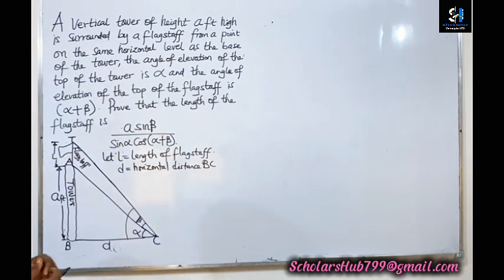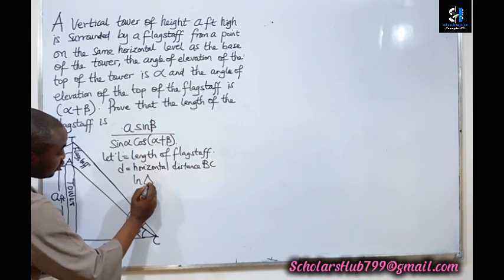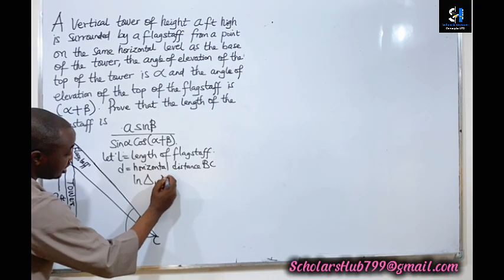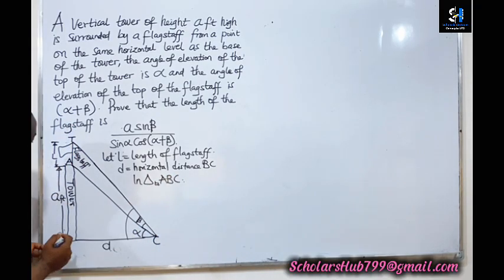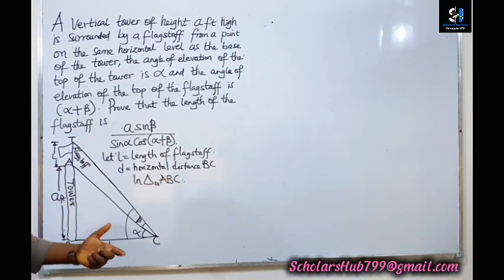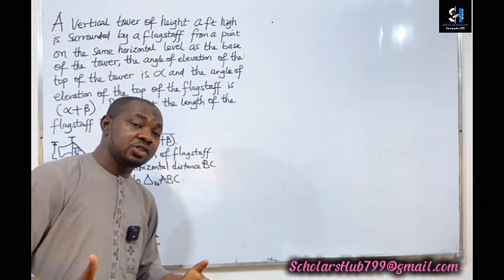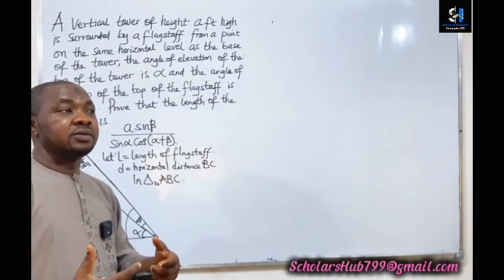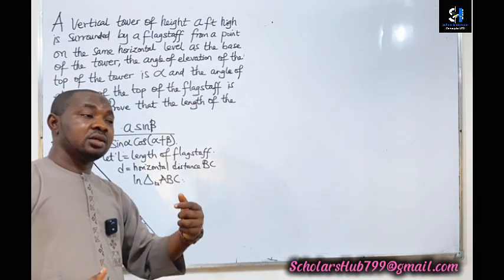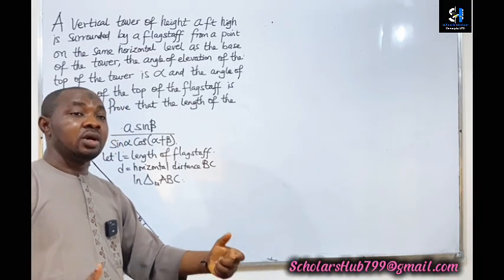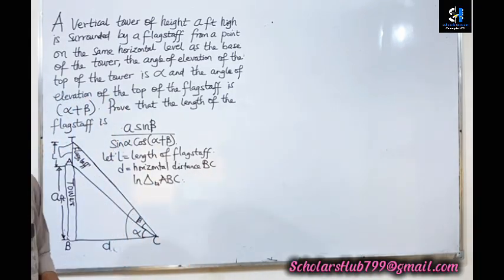To prove the identity, I'm going to start with triangle ABC, and you can see the triangle is a right triangle. We know that by using SOHCAHTOA, which is a mnemonic used in trigonometry for determining the unknown side or angle in a right triangle, we have the opposite and the adjacent.